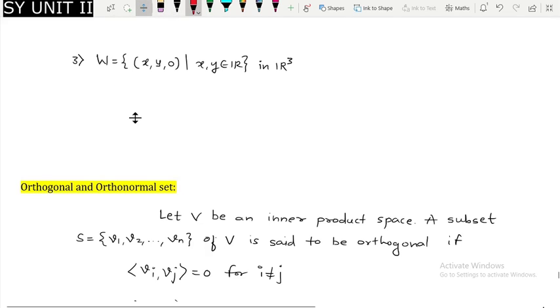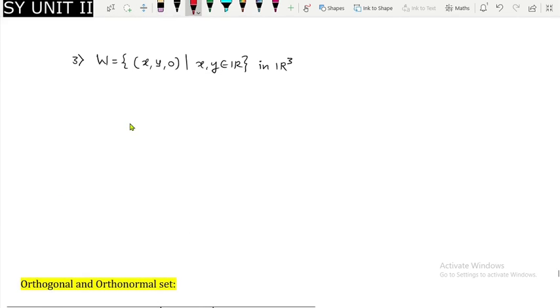So over here, geometrically this plane is nothing but the plane z is equal to 0. In other words, you can say that it is the xy plane. So now let us see what W perp is geometrically.